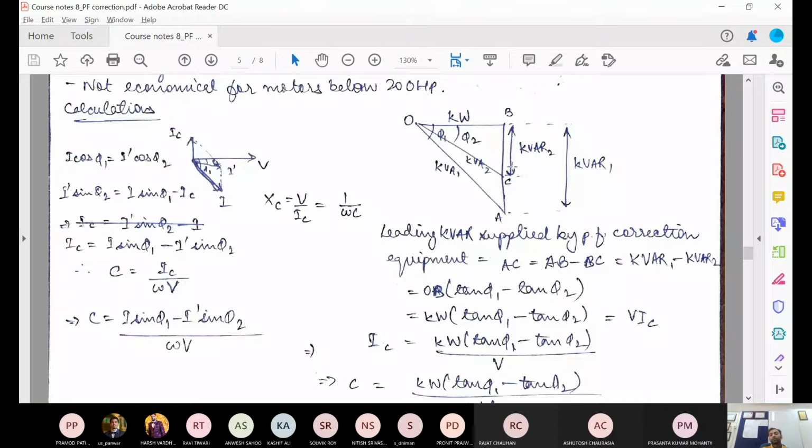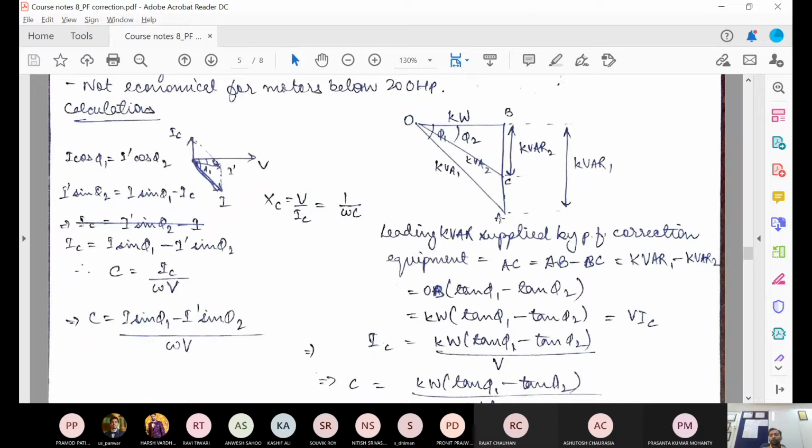Now we can express both of these in terms of your real power demand, the side OB. If you apply simple trigonometry, tan phi 1 is AB by OB and tan phi 2 is BC by OB. Therefore, we can write AB as OB tan phi 1 and BC as OB tan phi 2.